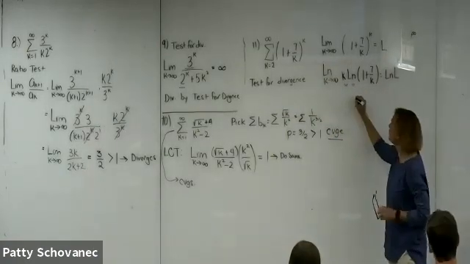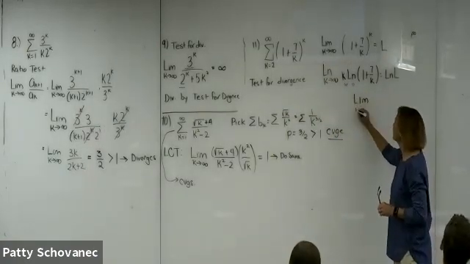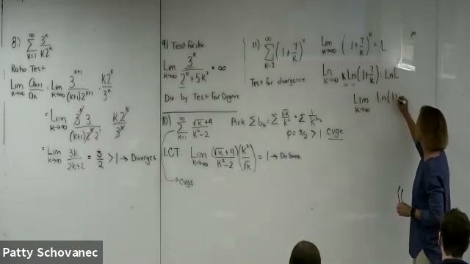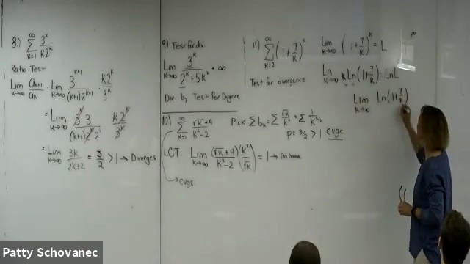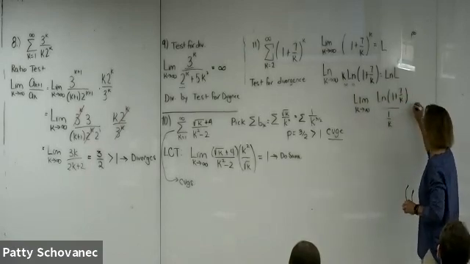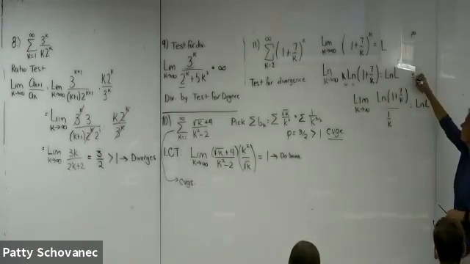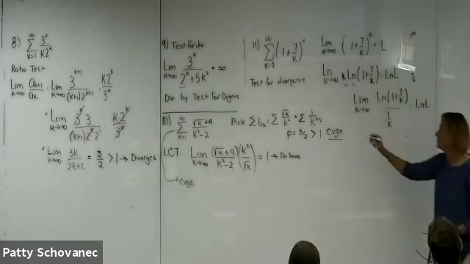So we rearrange that. Take that K from the front and put it underneath as a 1 over K. And so now I have 0 over 0, and I use L'Hopital's rule.